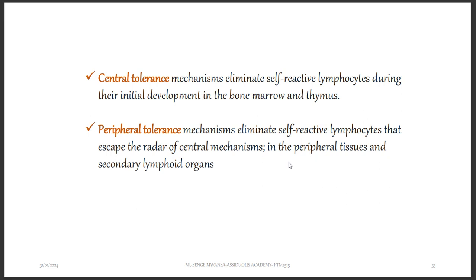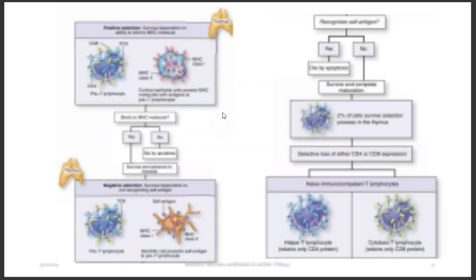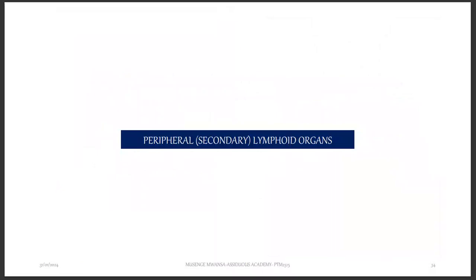In that case, the body can destroy those T cells in those places, and that is known as peripheral tolerance. So we are going to end here. We'll look at the peripheral or secondary lymphoid organs in the next class.